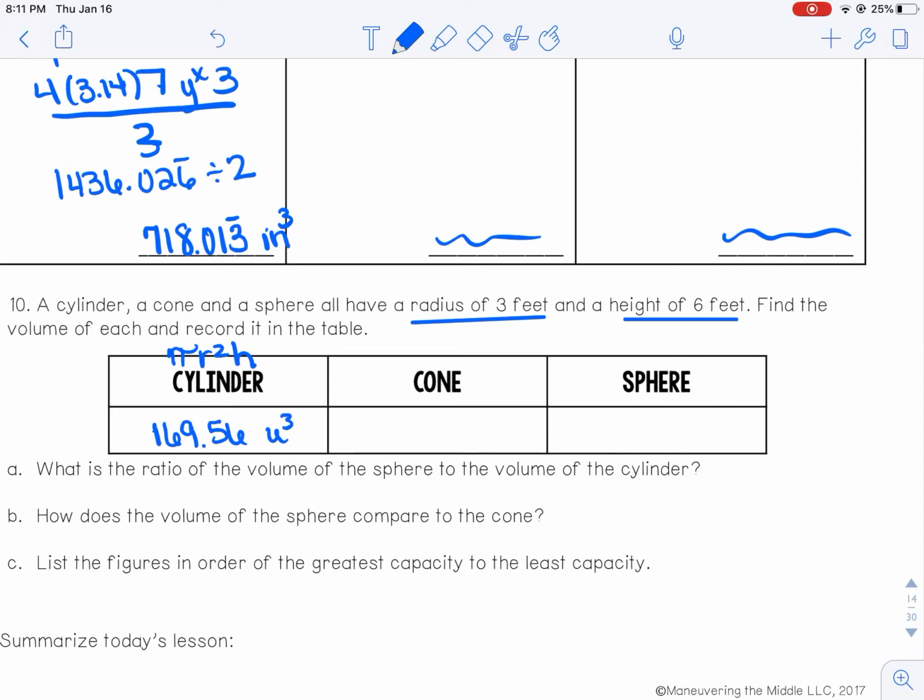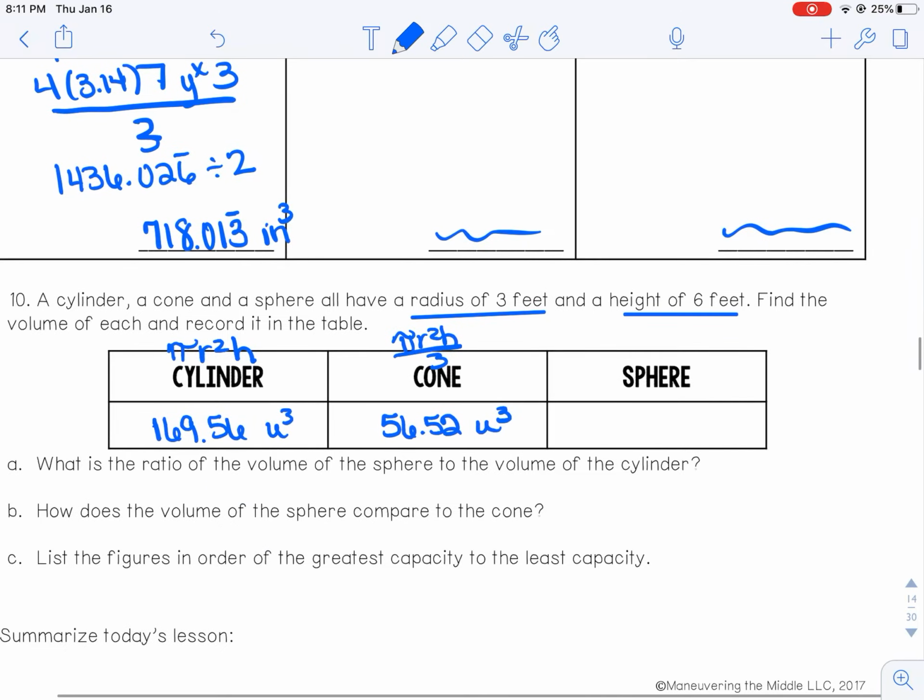Okay, with cone, same formula, pi r squared h, but this time we're going to divide it by 3 because a cone is a third the size. So 169.56 divided by 3 gives us 56.52 cubic units.